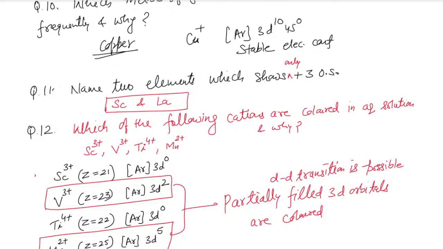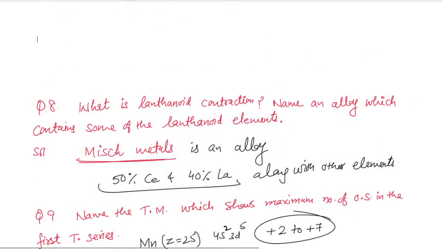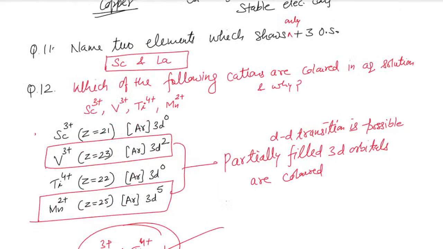Next question number is 13. Question number 13 is, why do zirconium and hafnium have almost identical size? Tell me. Why do zirconium and hafnium have almost identical radii?